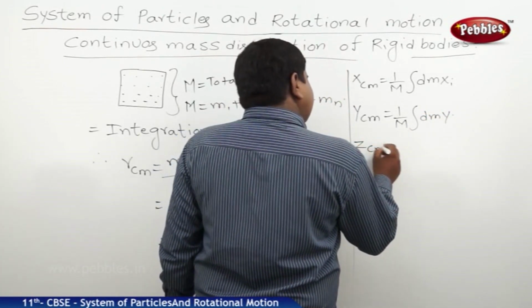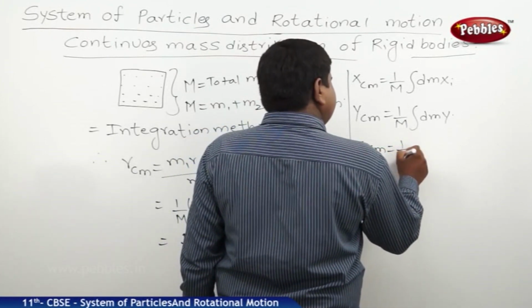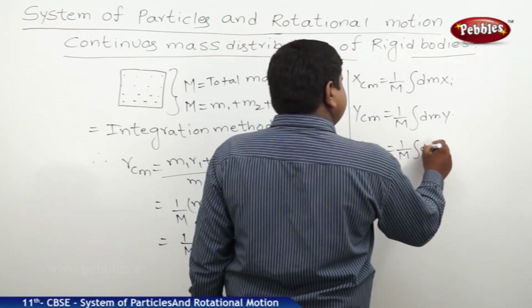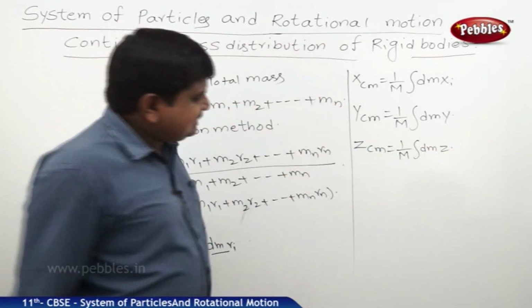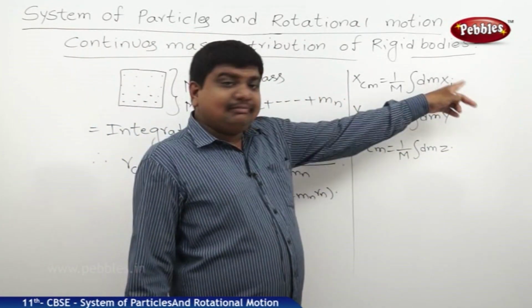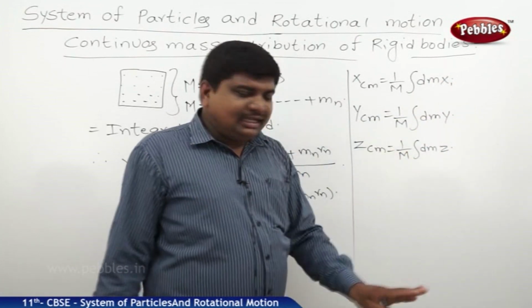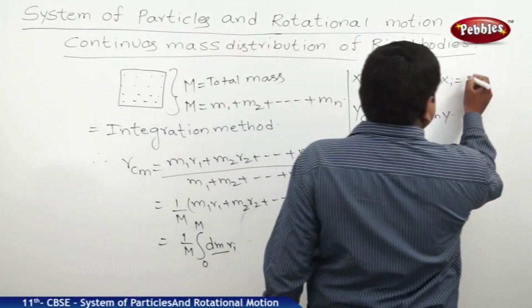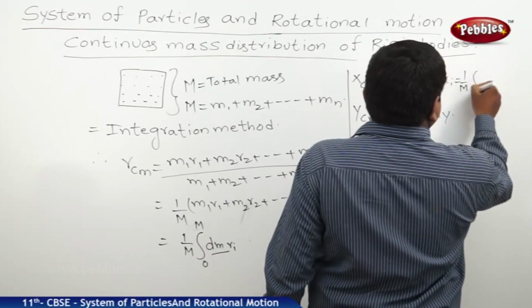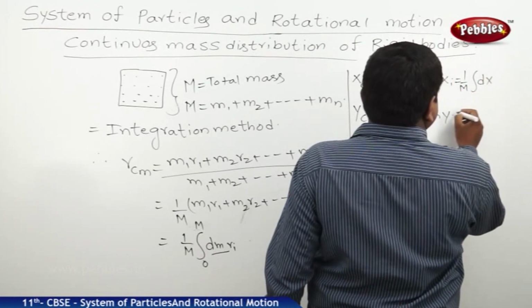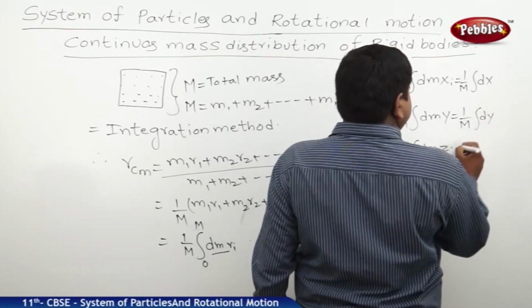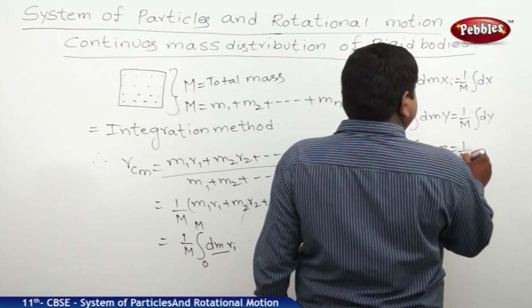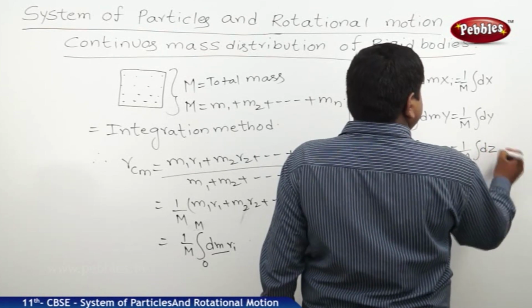If it is along the z-axis, z CM is equal to 1 by capital M into integral dm z. What we can understand from this is that not only dm xi, dm yi, dm zi, this can also be written as 1 by M into integral x dm, 1 by M into integral y dm, and 1 by M into integral z dm.